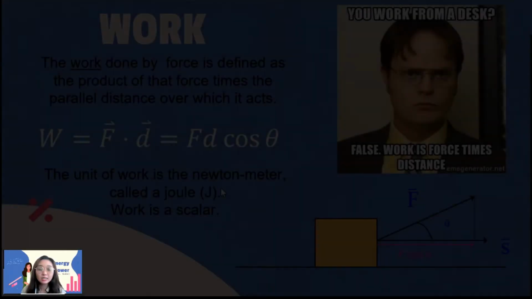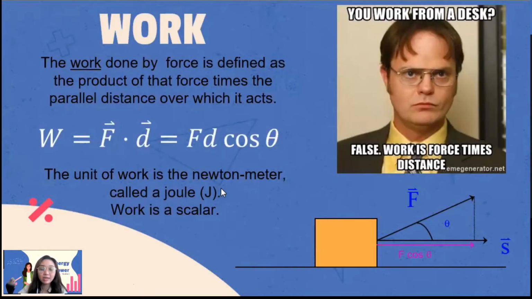Okay? Work is done by a force defined as the product of that force times the parallel distance over which it acts. So work is given by the equation force times displacement.